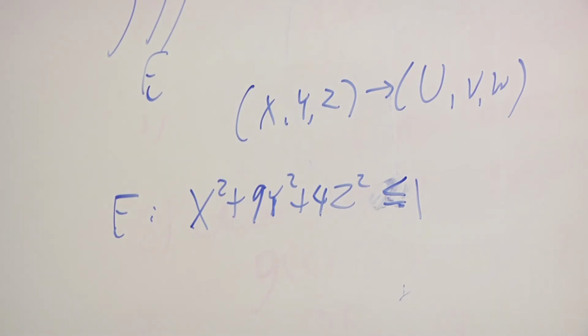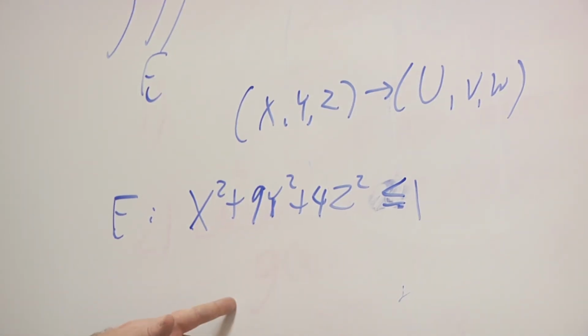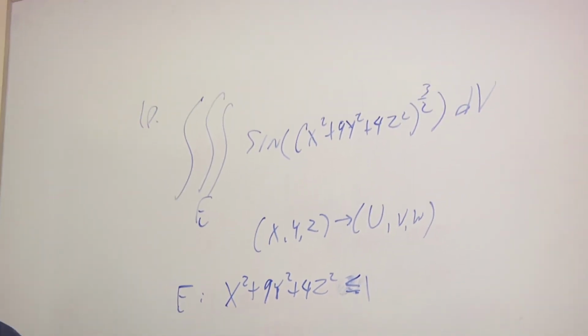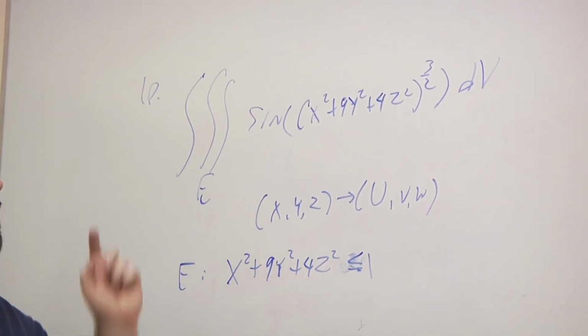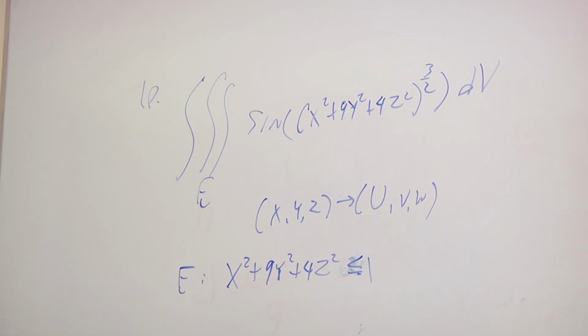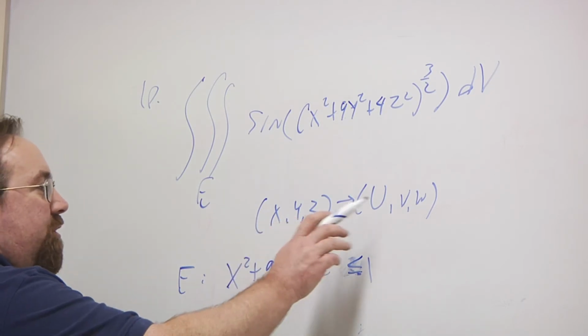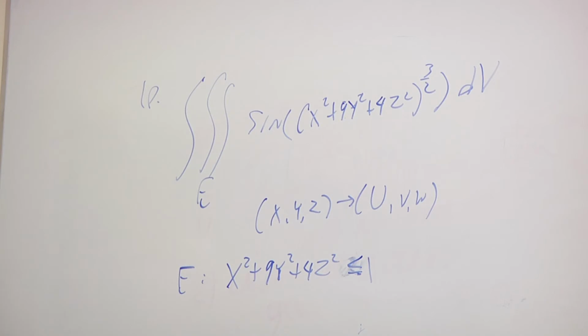Okay. All right. So here it'd be much nicer to work with a sphere, because then you can use spherical coordinates, which will make this whole thing work out much more nicely. So you can choose the simplest mapping possible to convert this ellipsoid to a sphere.